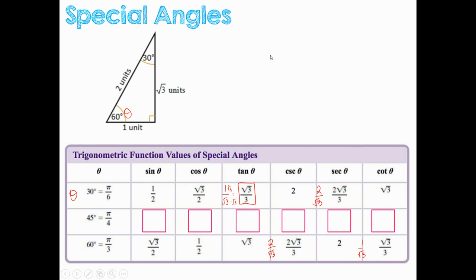All right, so that is our 30 and 60 special angles. Our other special angle is 45. Now 45-degree right triangles are isosceles triangles because they have the same measurement. The complement of 45 is also 45.